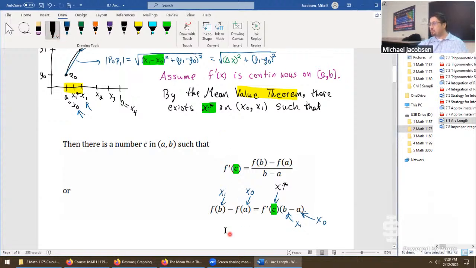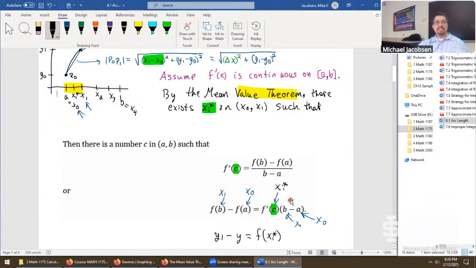But when you look at this really closely, x1 going in here, that's just y1. y1 is equal to f at x1, in other words. So this would become y1 minus f of x naught, that's just y naught. It'll be equal to the derivative of f at xi star, and we still have to do something with b minus a because I don't have a delta x emerging.